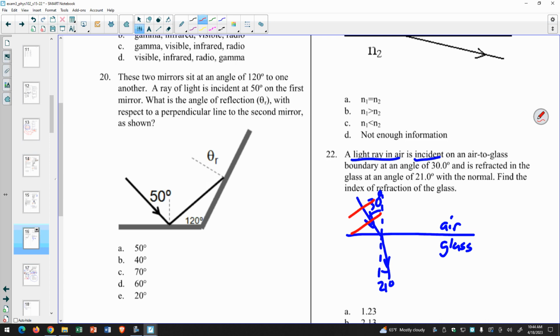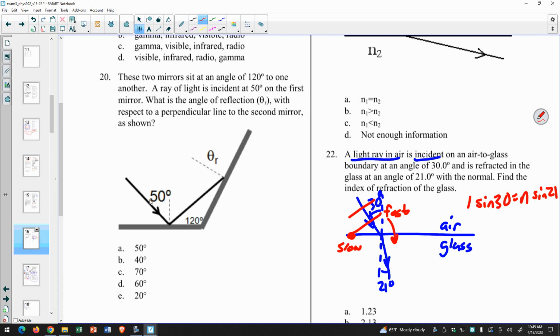If I think about my wavefronts, it's going to slow down here and go fast here. So it's going to sort of go around. And then I would use that to find my index of refraction for glass. So N for air is 1, sine of 30 equals N sine of 21. I solve that for N.